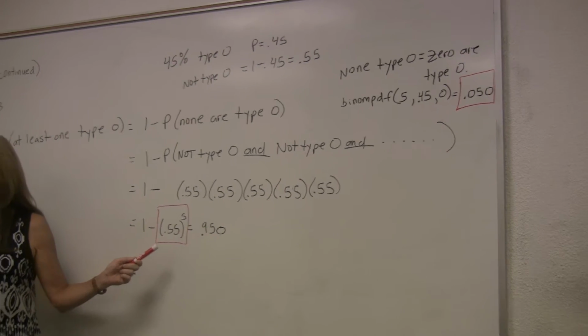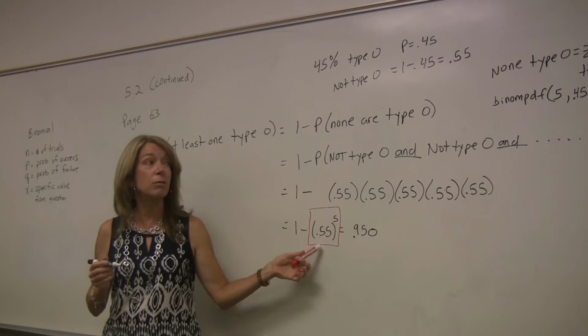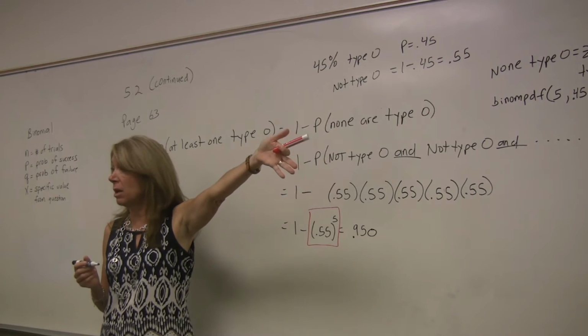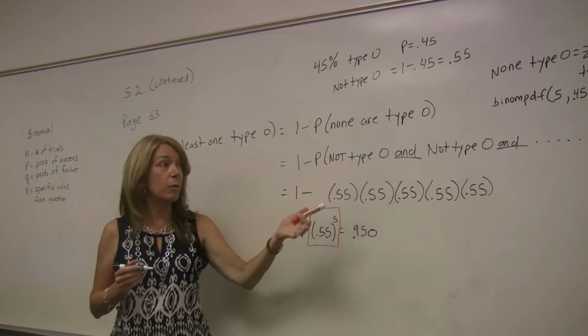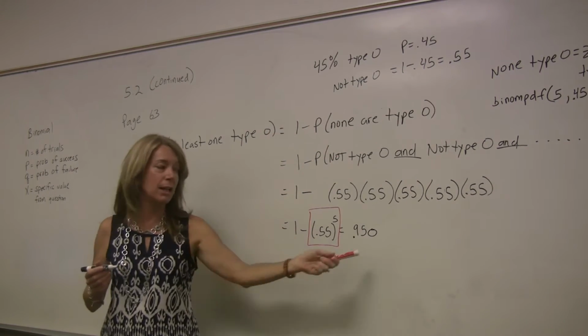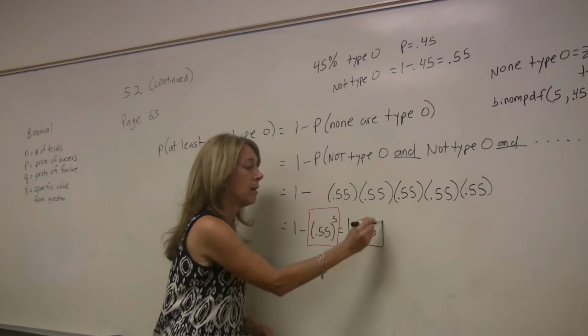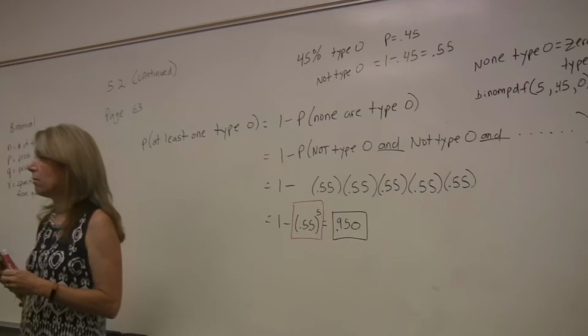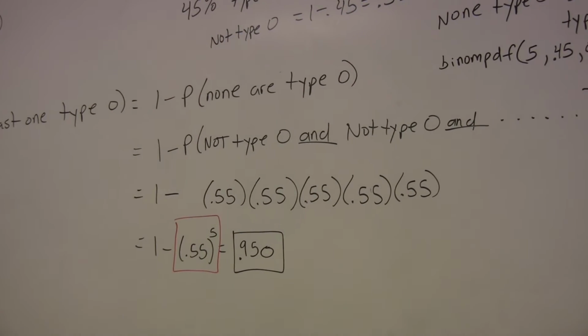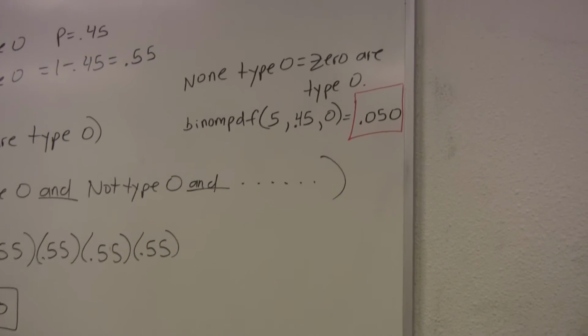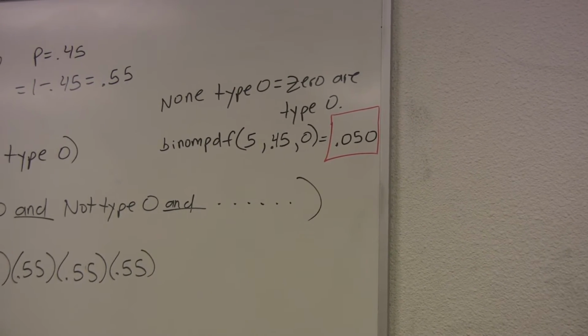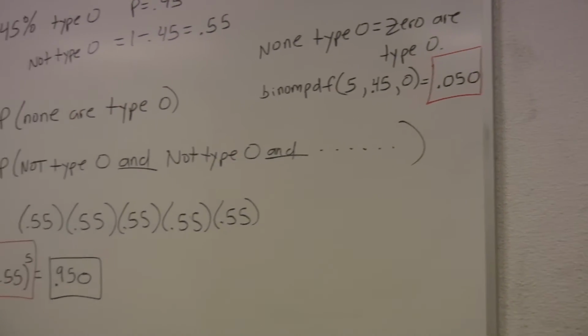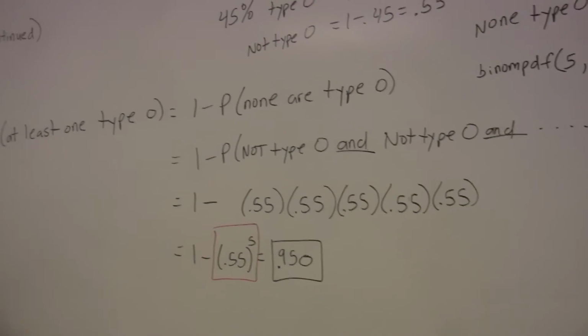Same thing. So this is using the multiplication rule, and that's recognizing it was binomial. Either way, we have to take 1 minus that, and we're going to get the same answer either way for this problem. I can't stress that enough: binomial is just a special case of the multiplication rule. So there are times on the test where you might use binomial, you might use multiplication. I don't care which way you do it, it'll work.